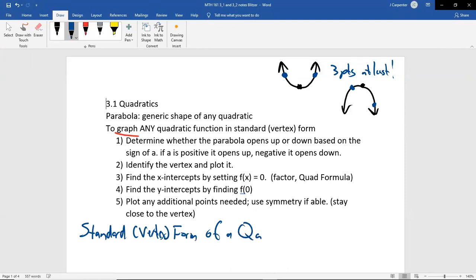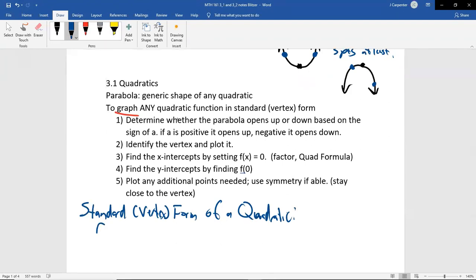So this little A that I'm referring to, the function f of x, or y equals still, is equal to a times the quantity x minus h, squared, plus k.